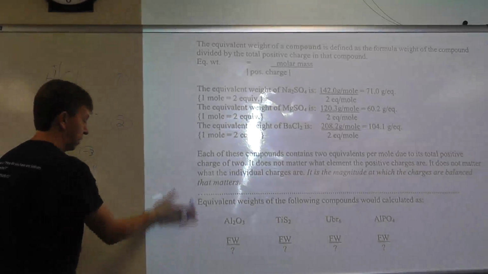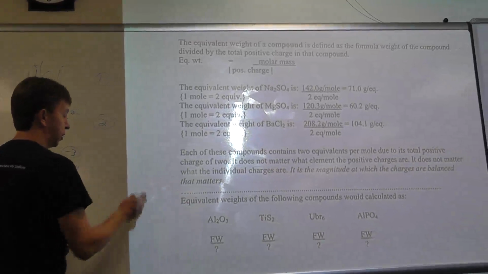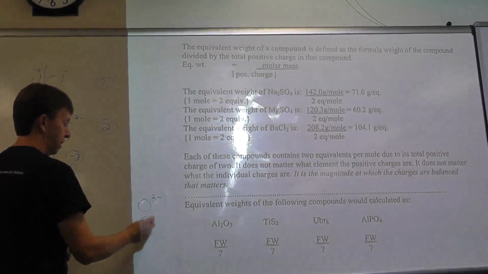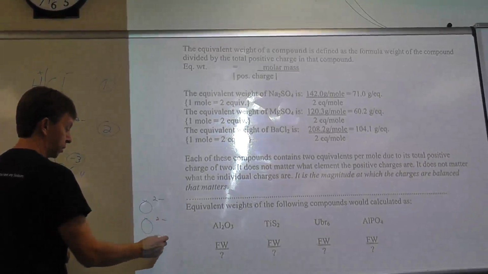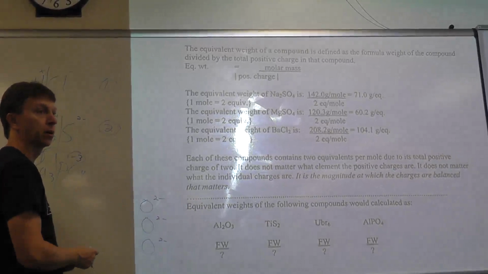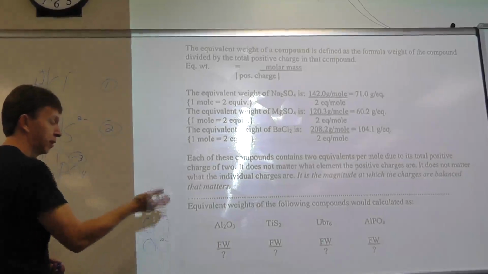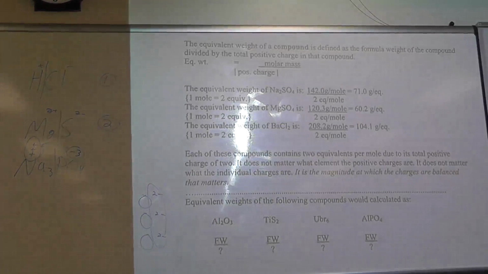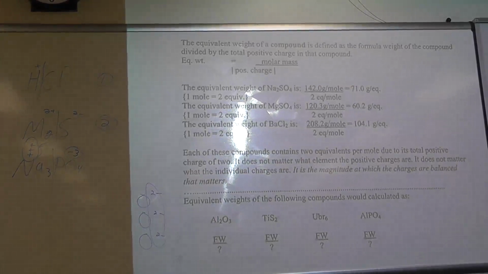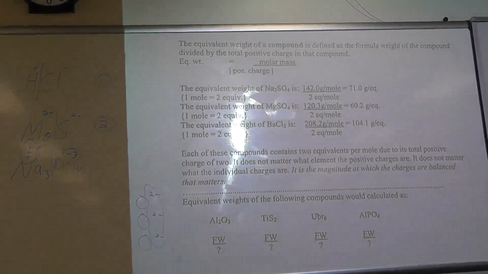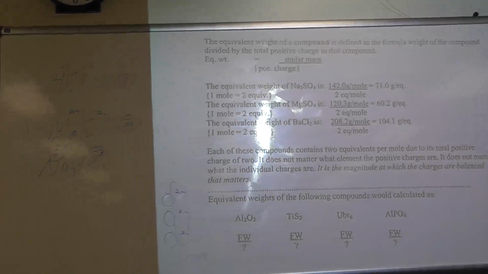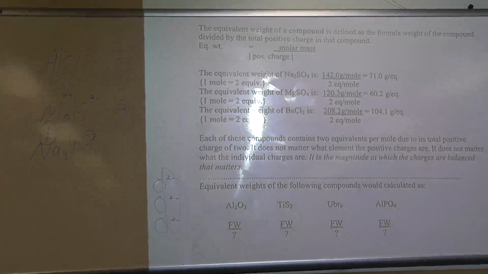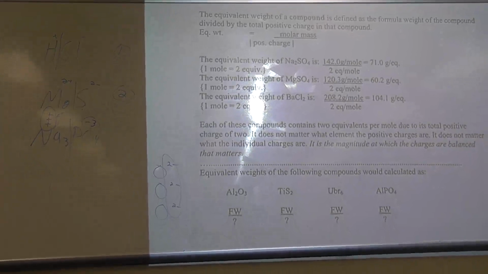If you don't remember that, you should still be able to figure that out based on oxygen, because oxygen forms a negative 2, right? And so either way, that's still a magnitude of 6, correct? Whether you look at it in terms of positive or negative really doesn't matter. So for aluminum oxide, equivalent weight equals molar mass divided by 6.